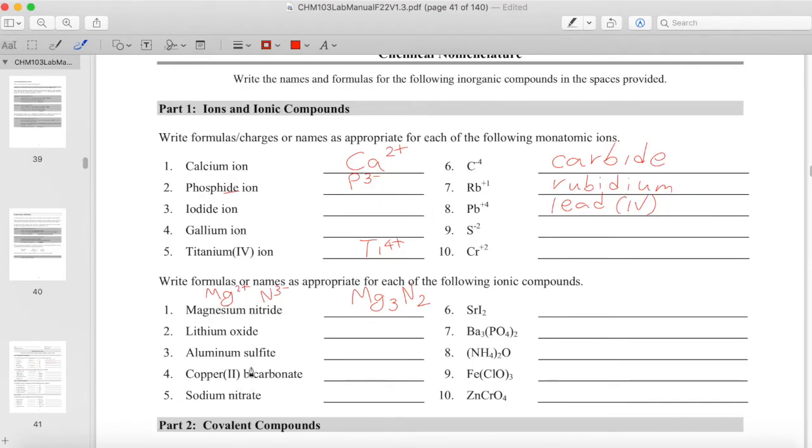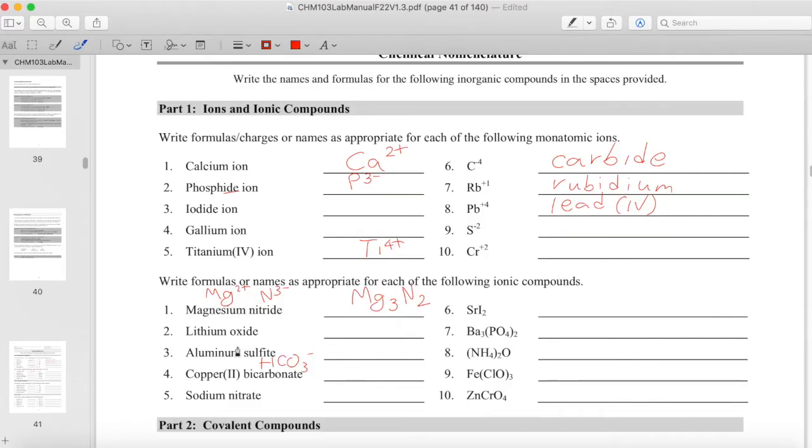Bicarbonate, if you look it up in a table of polyatomic ions, has the formula HCO3 with a -1 charge. Okay. Please note that's 1 hydrogen, 1 carbon, and 3 oxygens, and that whole thing has a -1 charge.